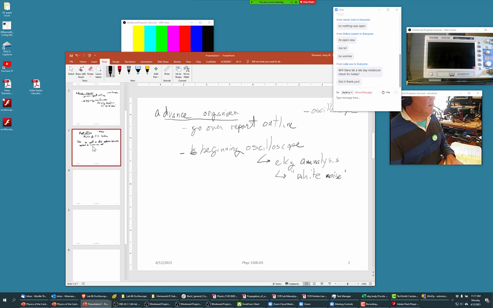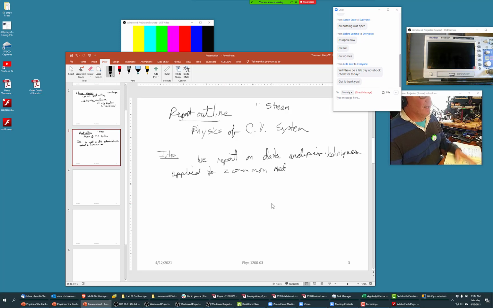And then, of course, if I were you, I would be writing down this outline word for word, right? Even if you do change it some. Good. Common medical diagnostic tools, right? Lots of syllables. But feel free to change this if you can think of a better way to express it.